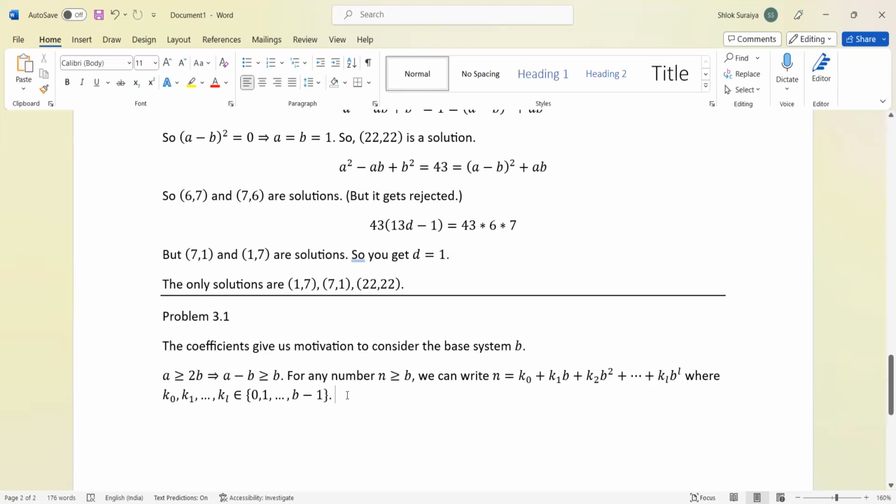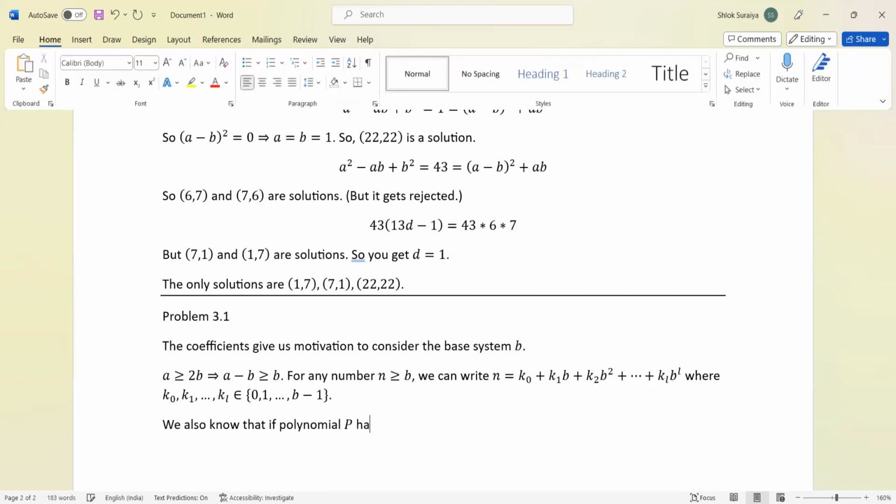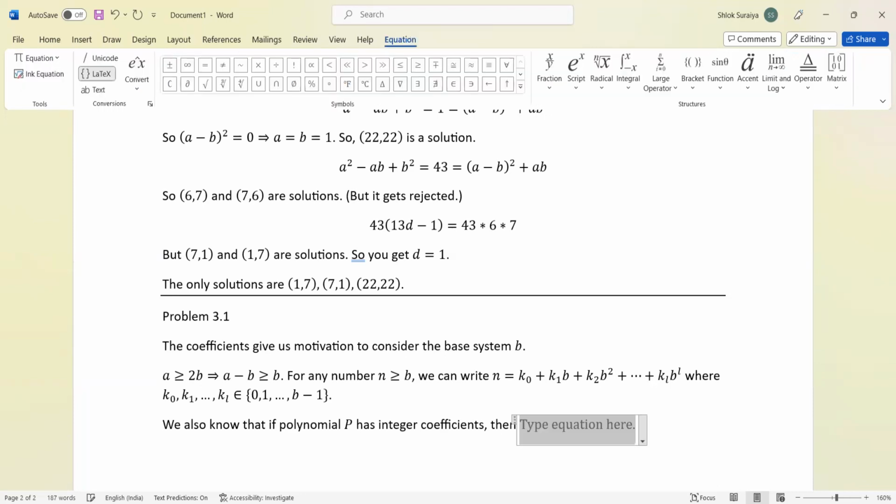So yeah. Also, we know that if polynomial P has integer coefficients, then a minus b divides P of a minus P of b.